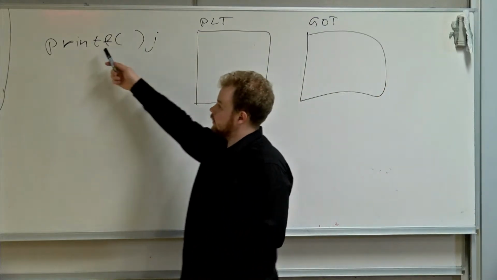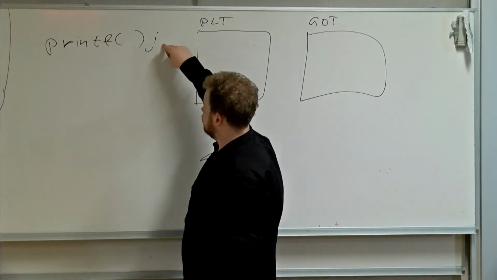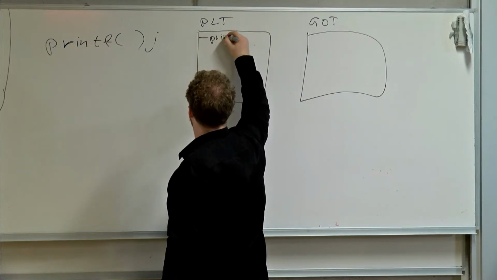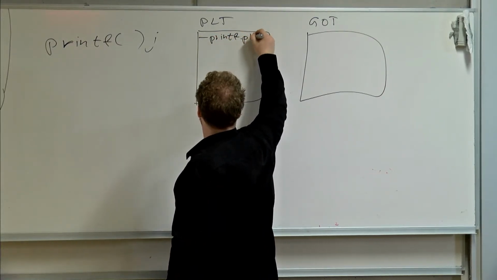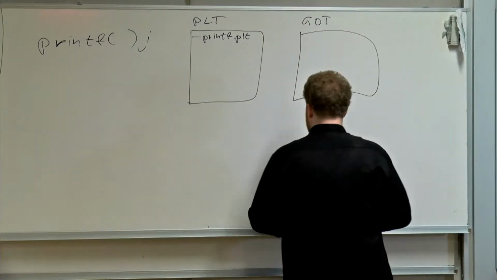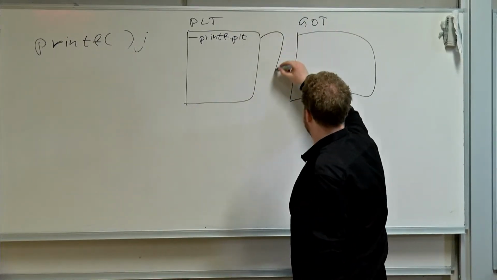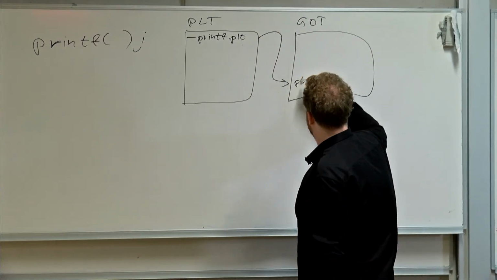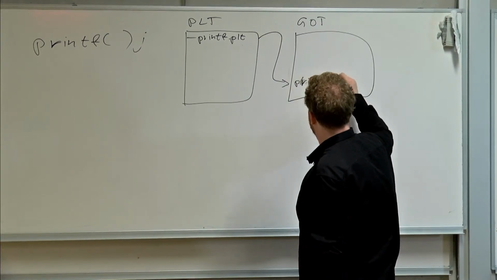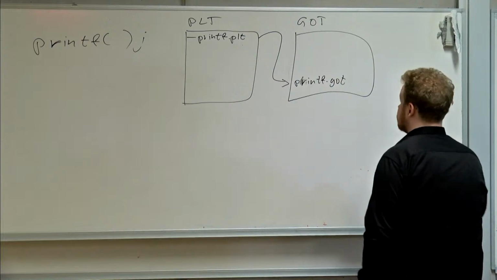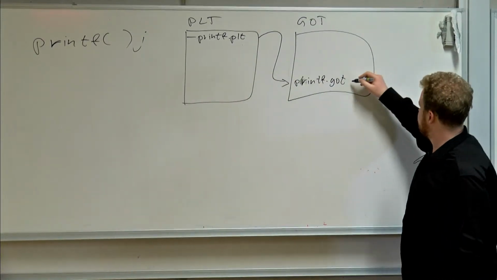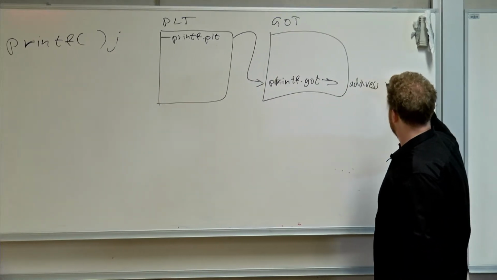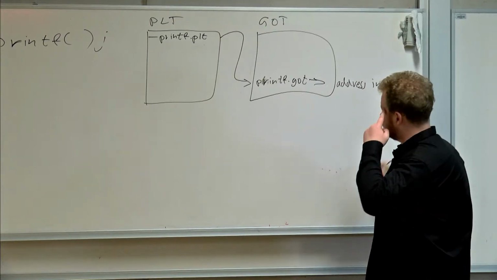And so whenever a new function is called, the first thing that happens is there must be an entry for printf.plt here. And this entry is connected to an entry in the global offset table, and this here points to an address in libc.so.